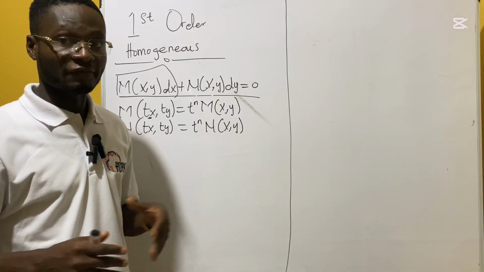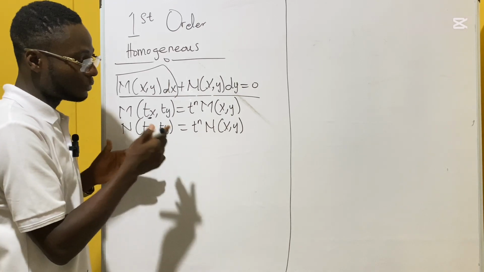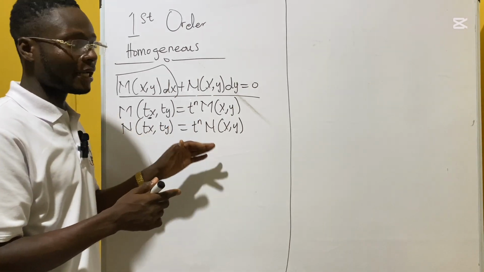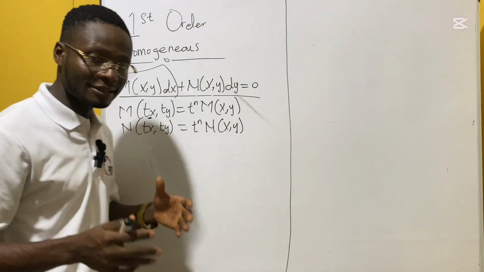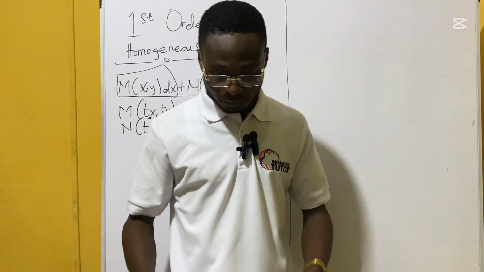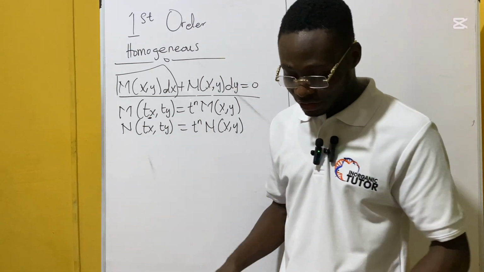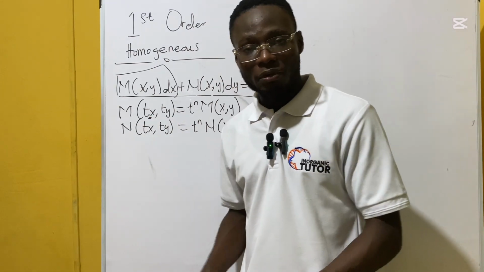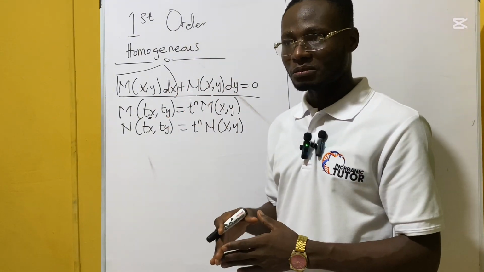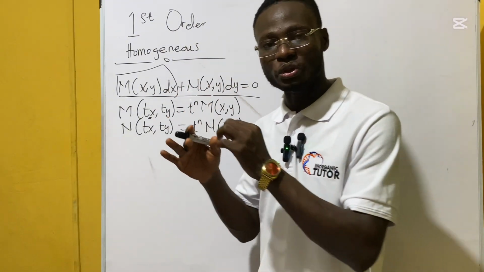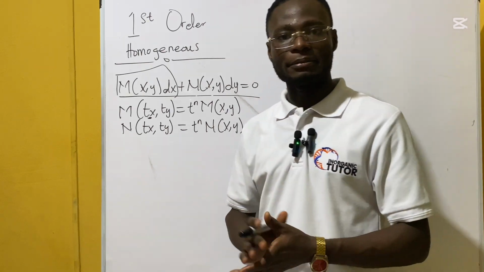The same thing applies to N of tx, ty, which equals t to the power n times N of x and y. These are the steps involved in transforming a function into a separable form. The idea with all these homogeneous equations is that we want to transform them into a separable form so that we can integrate them.